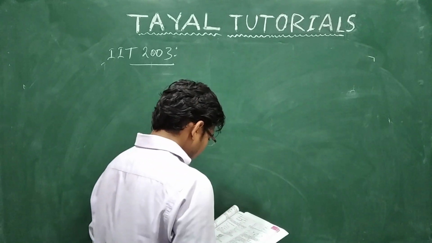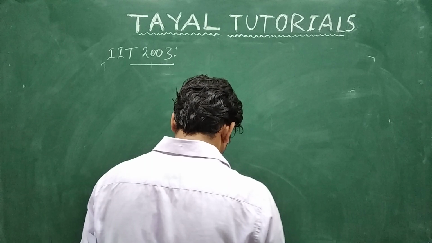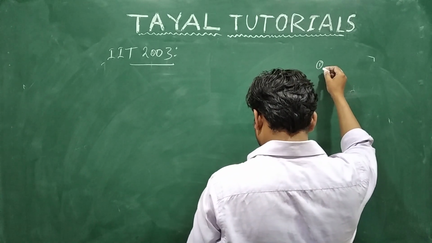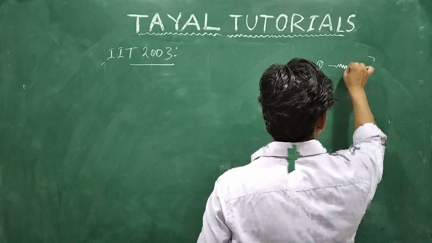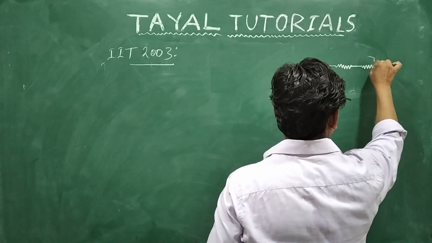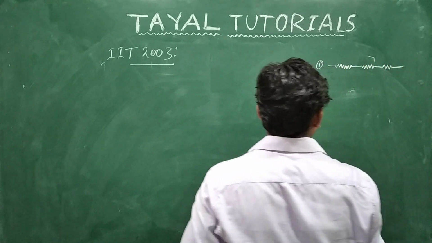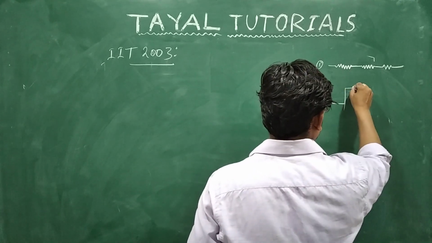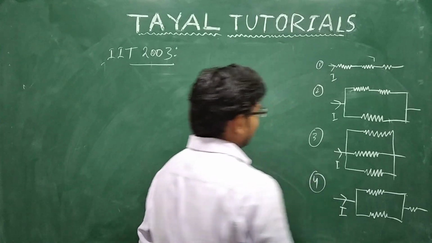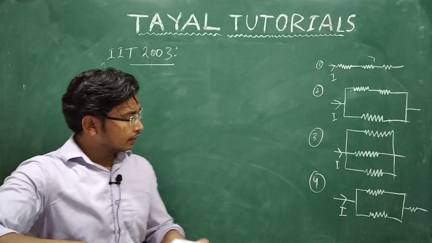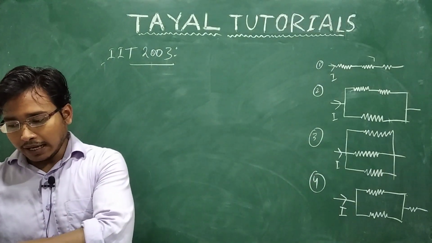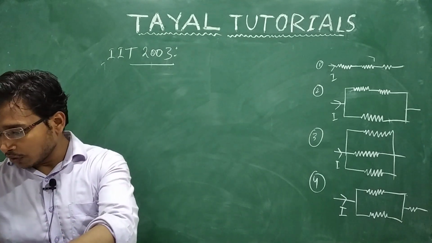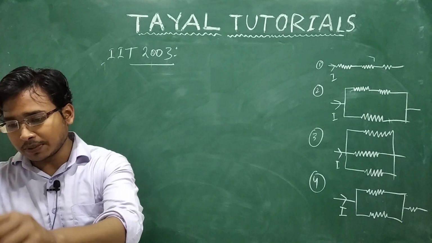They have given four circuits. This is your first one, this is the second one. This is four combinations of resistance, and the question is asking to arrange the combinations in increasing order of power dissipation.